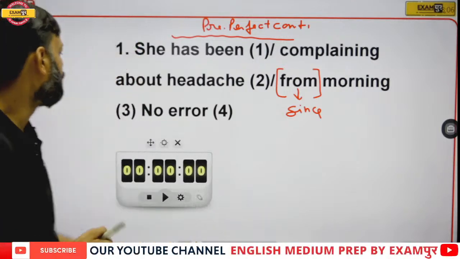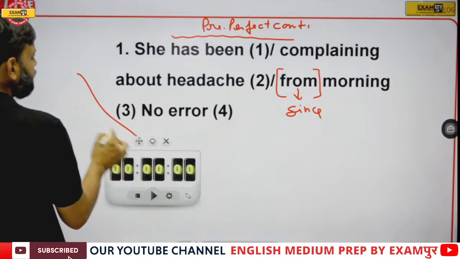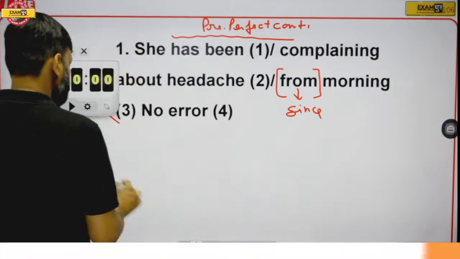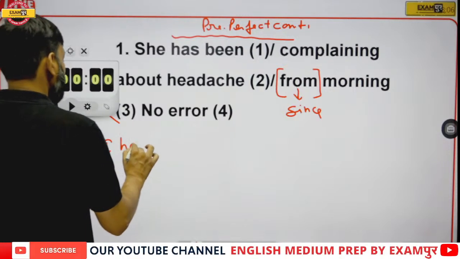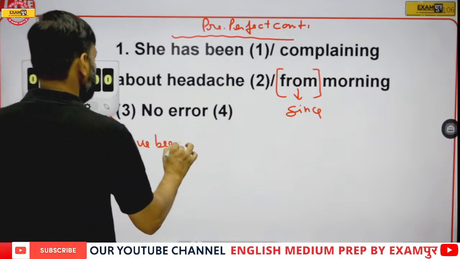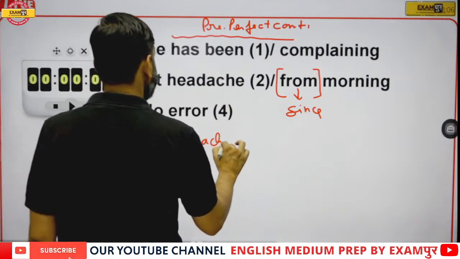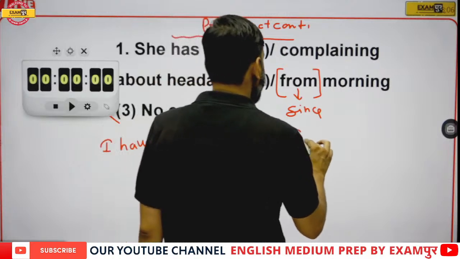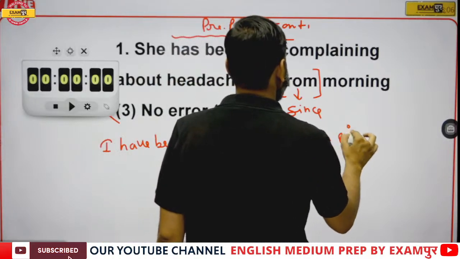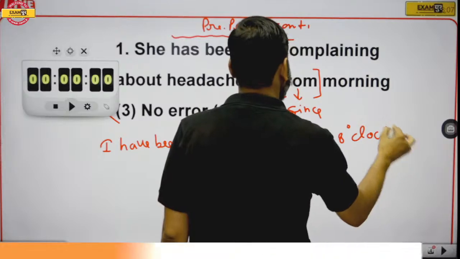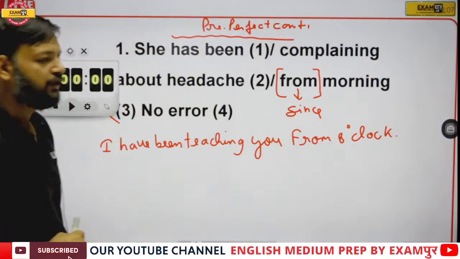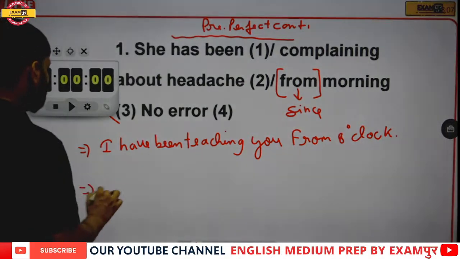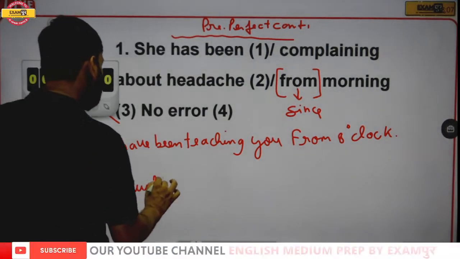From cannot be used. For example, if I write, I have been teaching you from 8 o'clock. And check one more sentence.